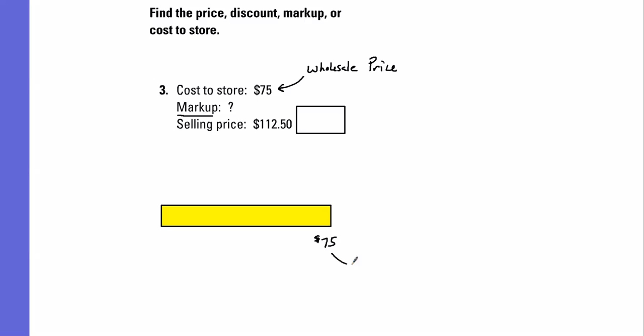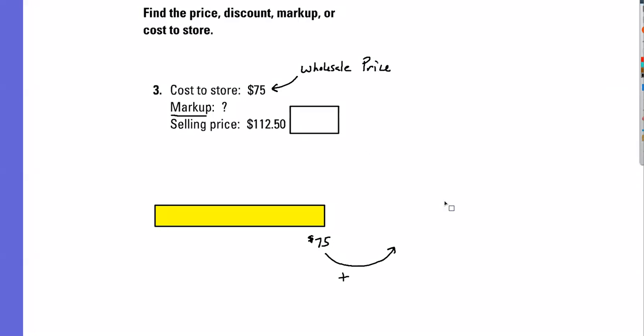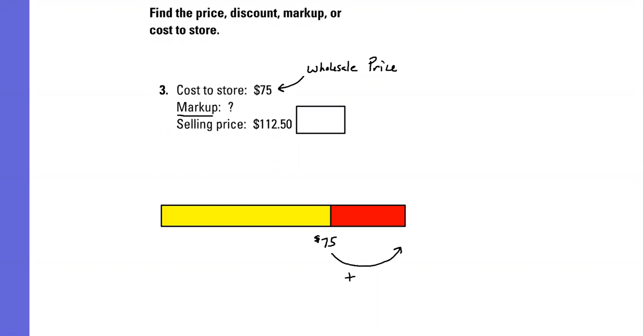And I'm going to mark this thing up by something, and after that I get a selling price of $112.50. So let's add that to our picture. So right here I have $112.50, and that's my selling price or my retail price.